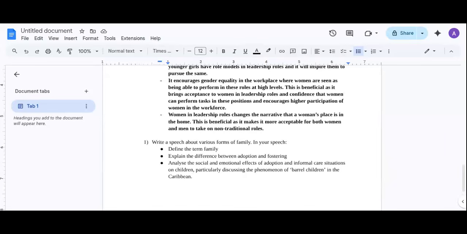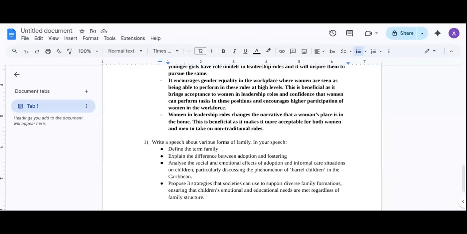Then propose 3 strategies that societies can use to support diverse family formation, ensuring that children's emotional and educational needs are met regardless of family structure.